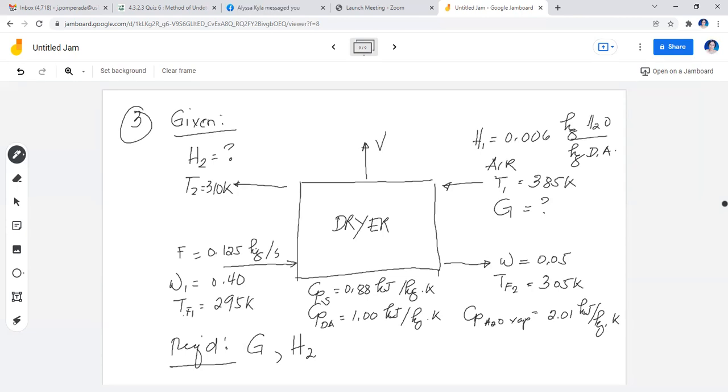And we have the latent heat of vaporization at 295 K at this temperature. So I'd like to write it here. There's no space. This is at 295 K, and that's 2449 kilojoule per kilogram. And then what else? Radiation loss.